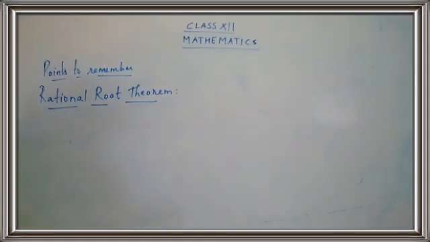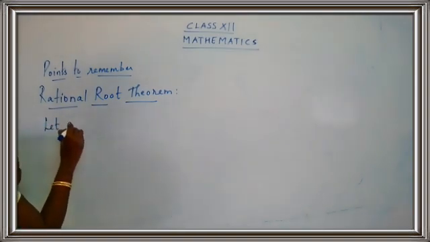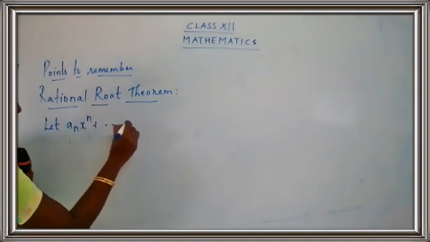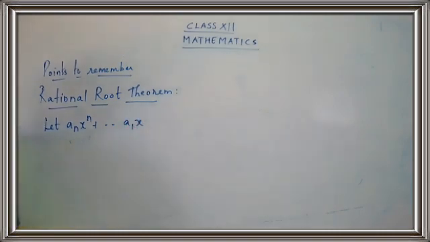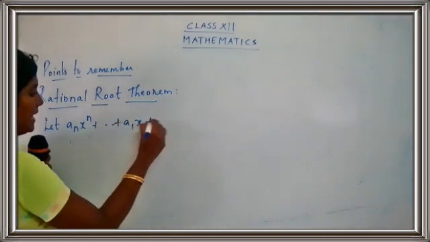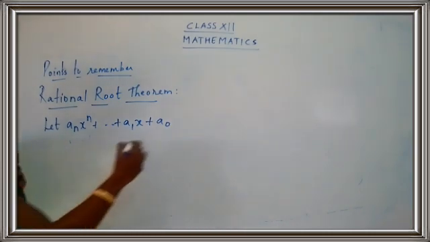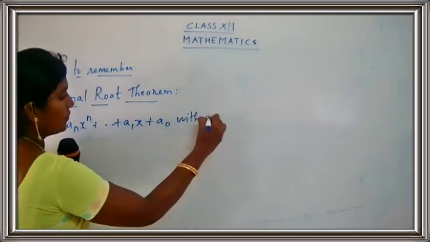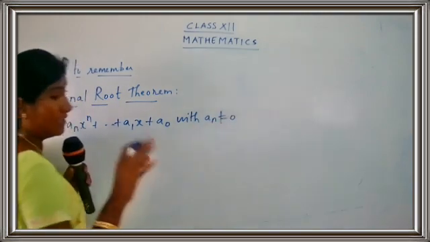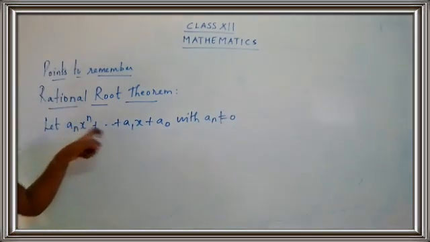Write down. Let a_n x raised to n plus ... plus a_1 x plus a_0, with a_n not equal to 0. The only thing is you should not have a_n and a_0 as 0.